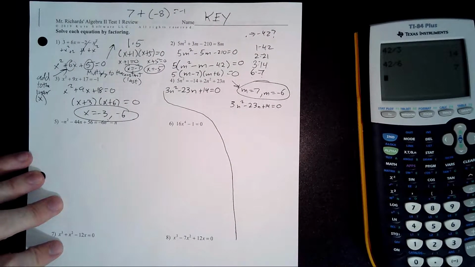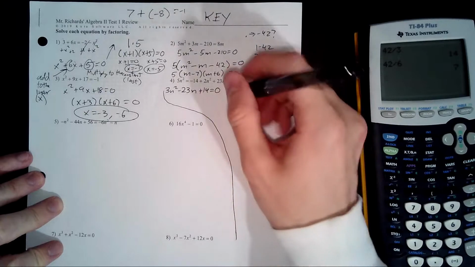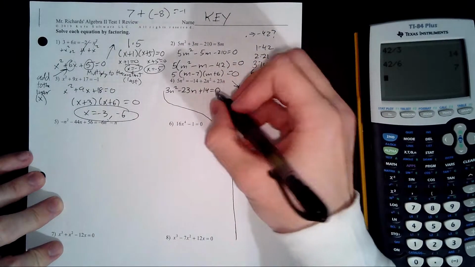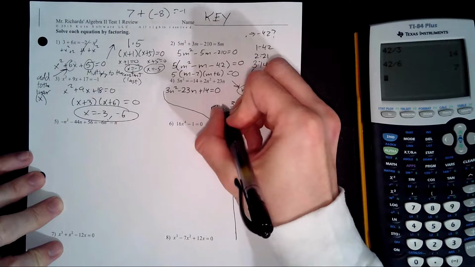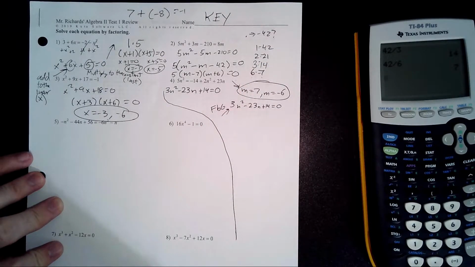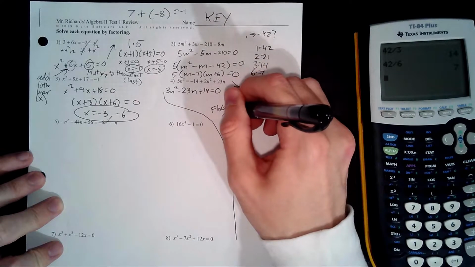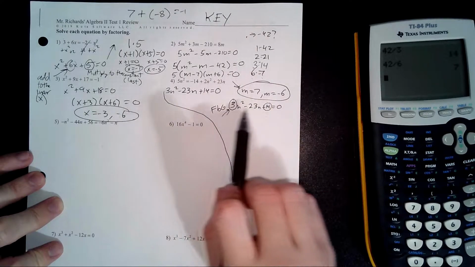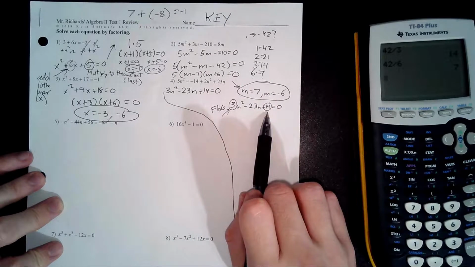Maybe you need to write this on a separate sheet of paper. But this type of problem has a different process because there is a number in front. This number in front, that messes stuff up. This means we got to factor by grouping when there's a number in front like that. To factor by grouping, our first step is to take the guy in front and the guy on the end. So that's our x squared term multiplied by the constant term.